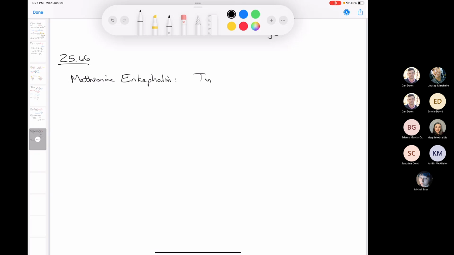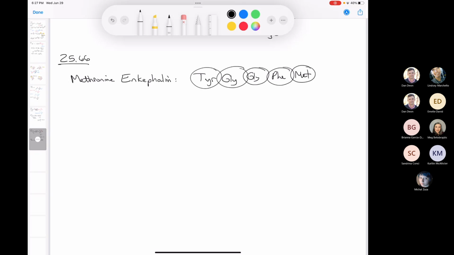So it's got a tyrosine, and then the next residue is a glycine. The next one is a glycine. The next one is a phenylalanine. And the C-terminus is a methionine.